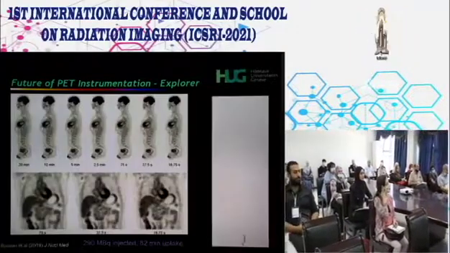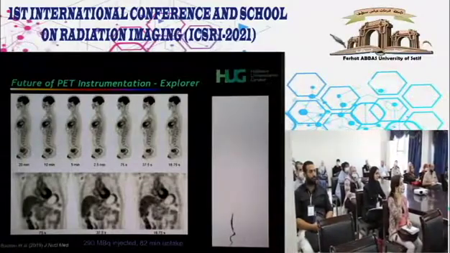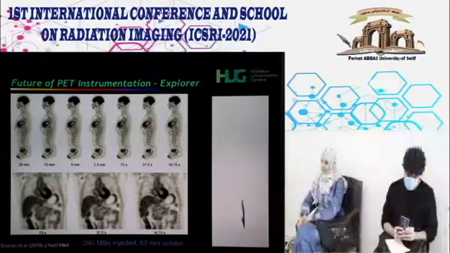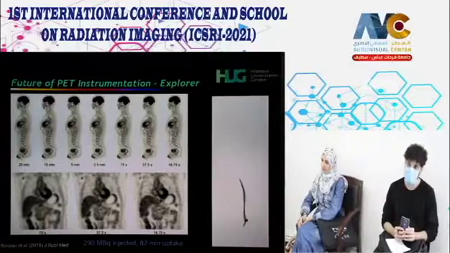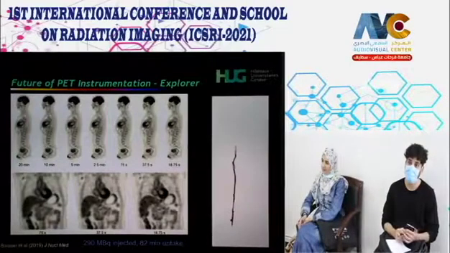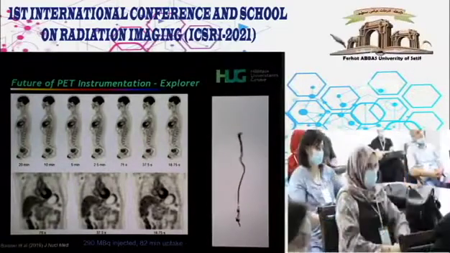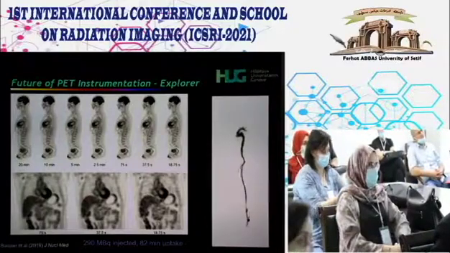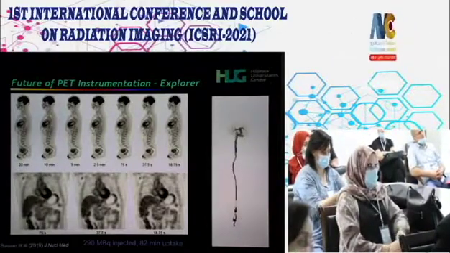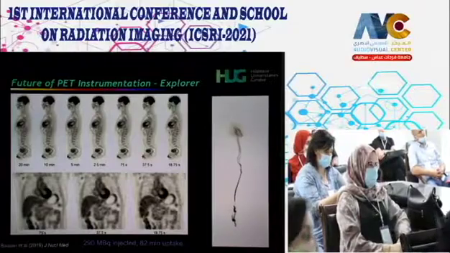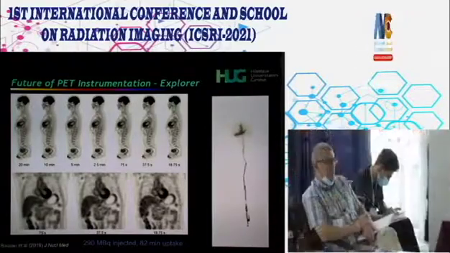And I think I have some clinical studies. Yeah, this is one of them. Because of the large axial field of view, we can shorten the acquisition time. They demonstrated clinical quality images with only 37 seconds acquisition time compared to the 20 minutes for the conventional systems.